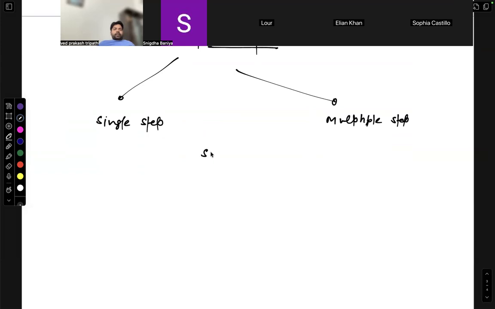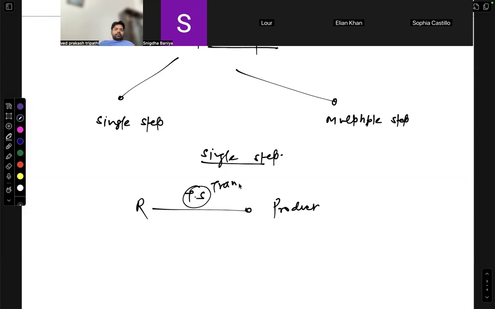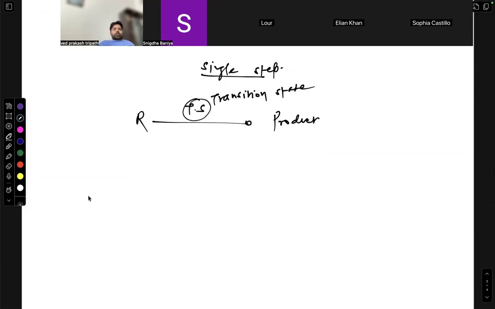Suppose we have a single step reaction. So reactant is going to convert into product. And here we have a transition state. TS means transition state. So this reaction can be exo or endo.